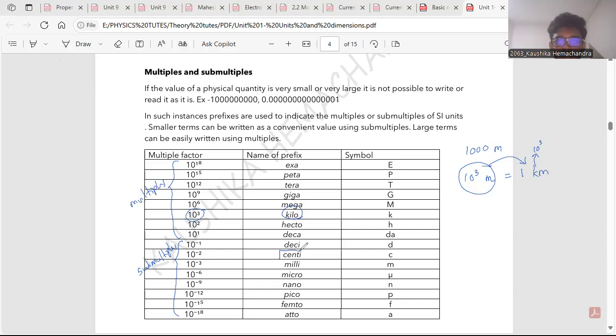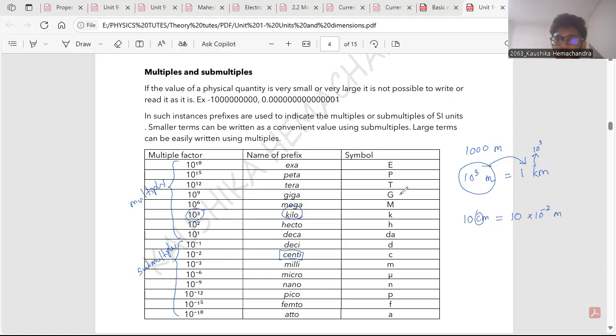For example, take centimeter. You all know centimeter very well. So when you say 10 centimeters, how much is that when you want to convert it into meters? 10 centi means 10 to the power minus 2 meters.